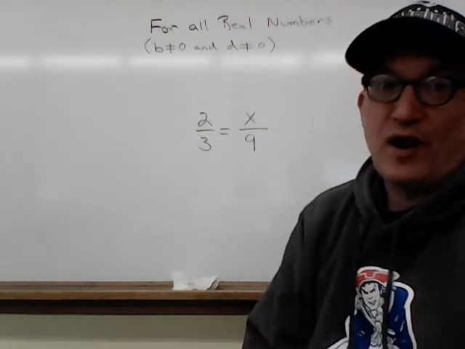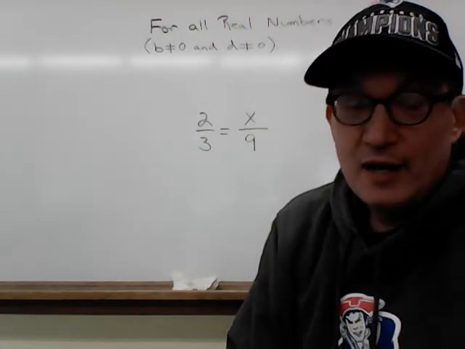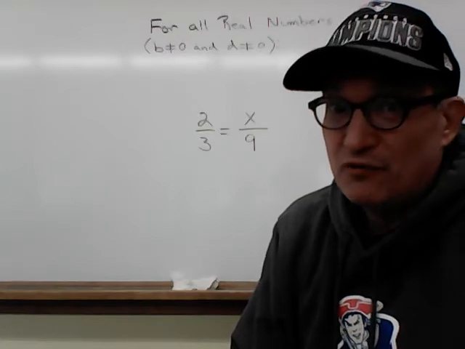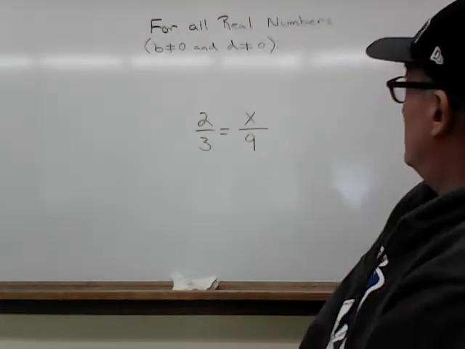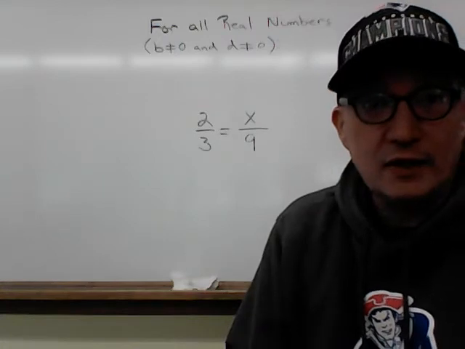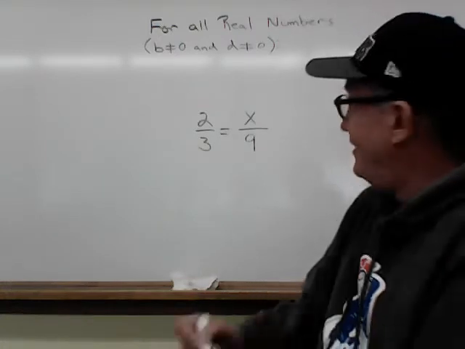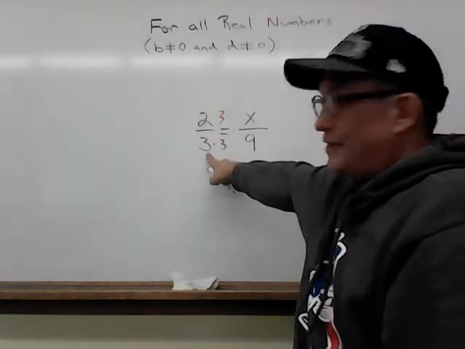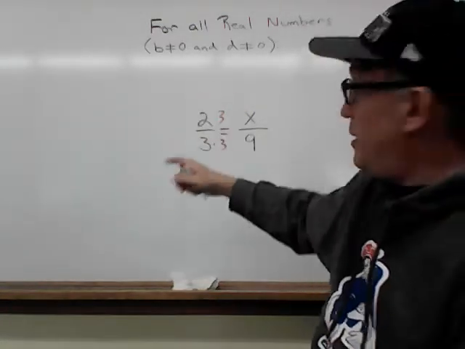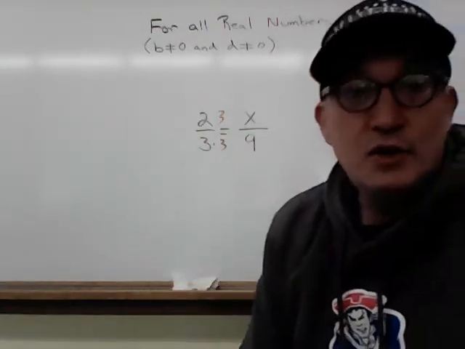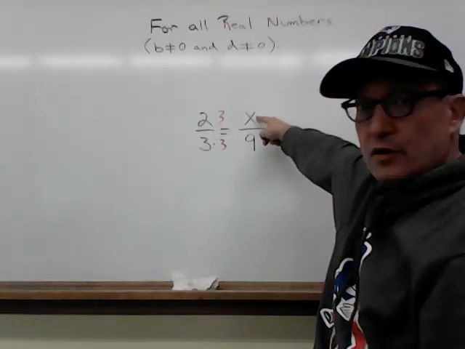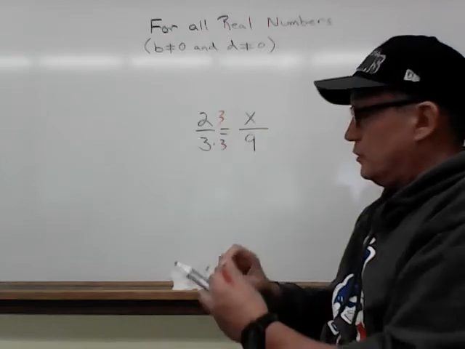Here's an equivalent fractions problem that any fifth grader can easily solve, and usually even in fourth grade this is introduced. Now, obviously that x is 6, right? Because to go from 3 to 9, you multiply by 3, so you have to multiply the numerator, the 2, by 3, to get a number here that will make this fraction equal to that one.